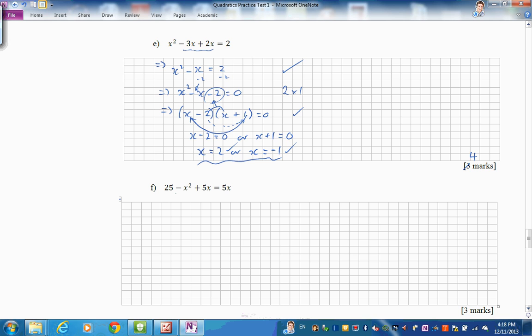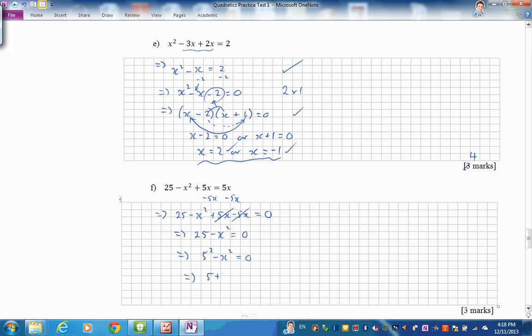All right, so let's look at this one. You know the basic structure for solving an equation is have all terms across on one side, so let's just see if we can make this equal to naught by subtracting 5x from both sides. We subtract it from there, subtract from the other side. We're going to end up with 25 take x squared equals naught. That looks very similar to the one we already did, because this is 5 squared take x squared. So that's a perfect square form.